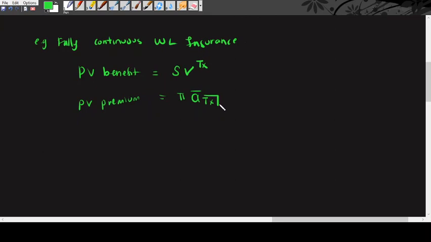So for this case, we can say that loss equals S v^T_x minus pi a-bar angle T_x, which also equals S v^T_x minus pi times (1 minus v^T_x) over delta.